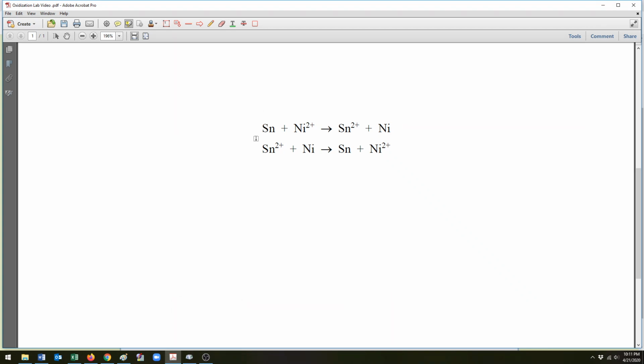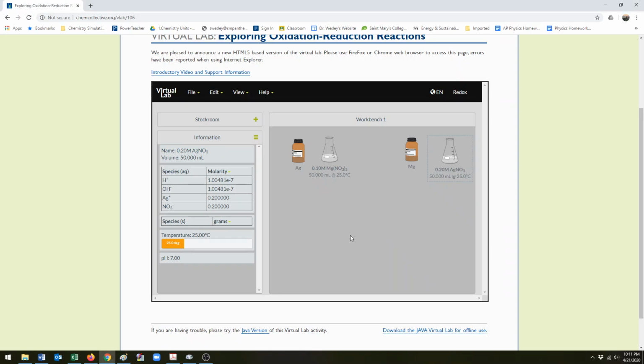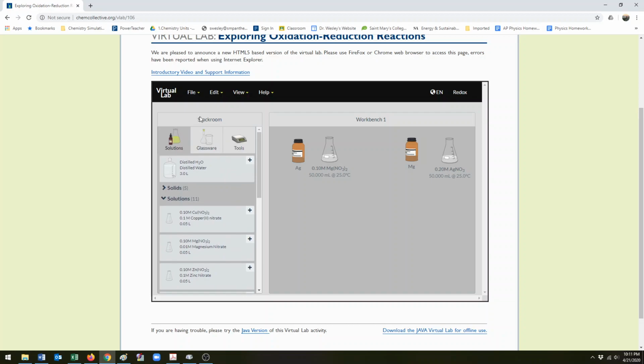In one we've got neutral tin and positive nickel, and in the other we've got positive tin and neutral nickel. And only one of the reactions, again, can actually happen. So we've got neutral metal and positive ion on the left-hand side waiting to react.